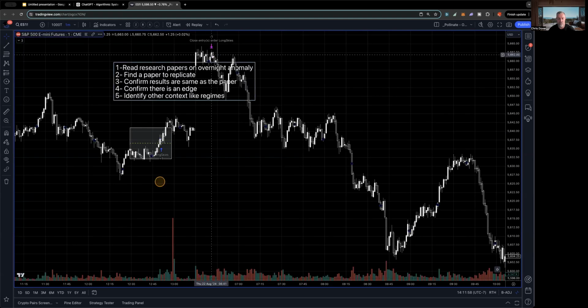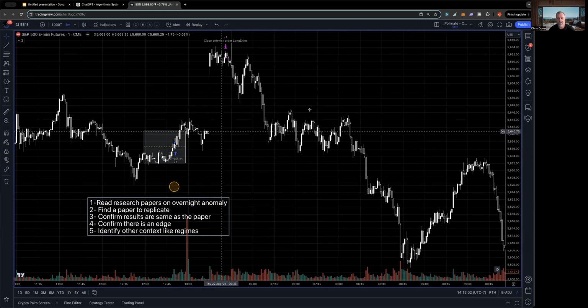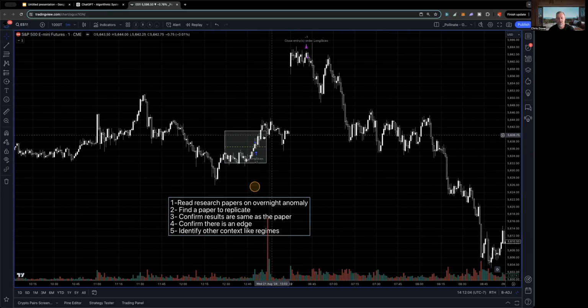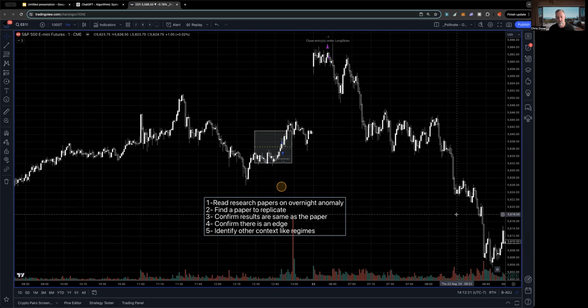And when it does, boom, we exit. You'll notice that we pretty much caught it right before it started to move up at the end of the day, and then right before it broke down, we were out. We could have lost money on that if we just held it for the next day. But yeah, pretty good little system.